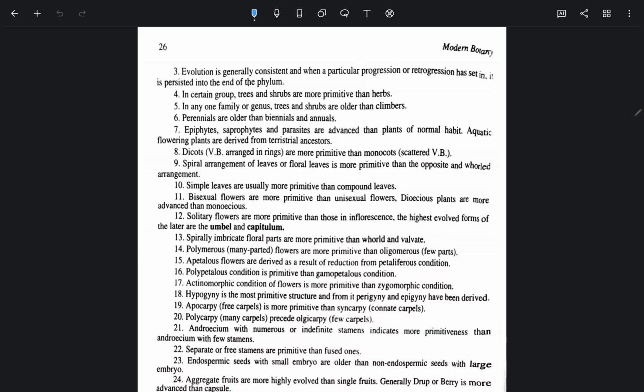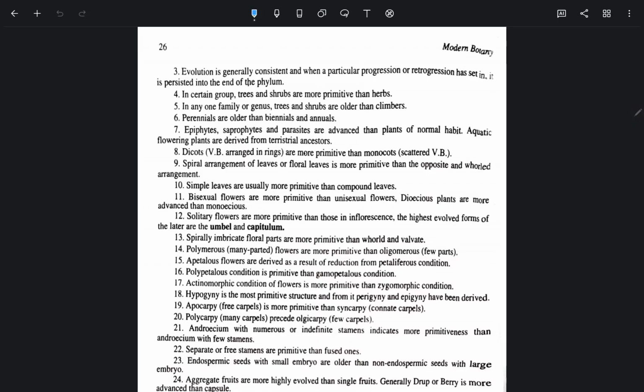In certain groups, trees and shrubs are more primitive than herbs. In any one family or genus, trees and shrubs are older than climbers. Perennials are older than biennials and annuals.